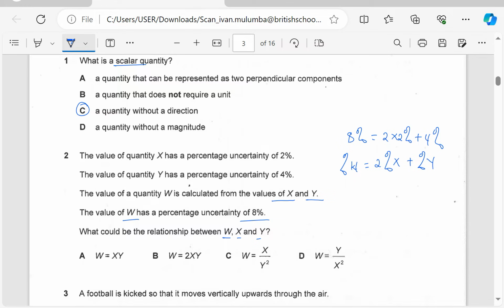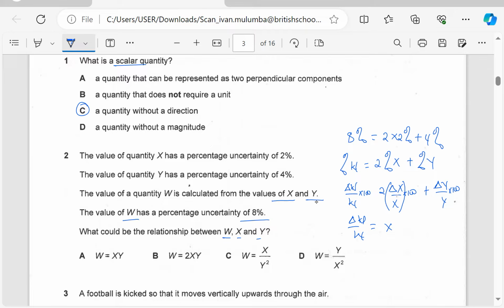And if you bring in absolute fractional uncertainties, this will be fractional uncertainty in W over W times 100. This will be twice fractional uncertainty in X over X times 100 plus fractional uncertainty in Y over Y times 100. If I remove the 100, I now notice that the absolute uncertainty in W over W is equal to, so I'll take this power backwards.